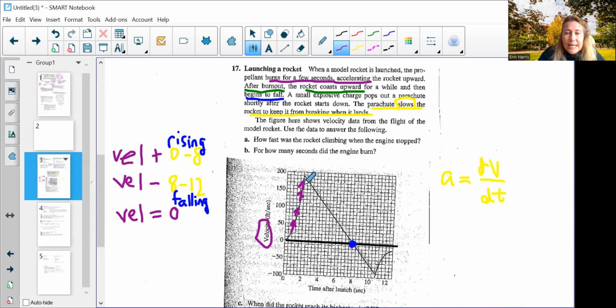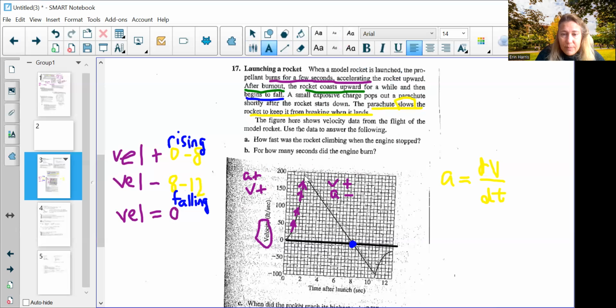So right here in this section, we have velocity positive, acceleration positive, which means that we speed up. Over here on this side, we have velocity still positive, but acceleration is negative, because the slope is negative. So we should recognize that from about 2 seconds until 8 seconds, we slow down.